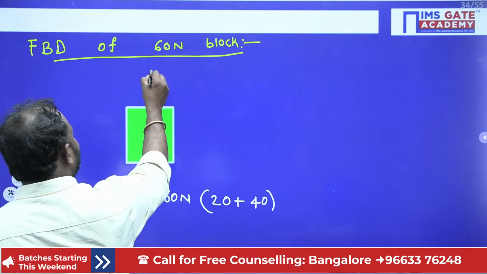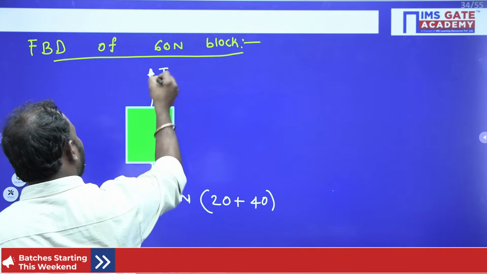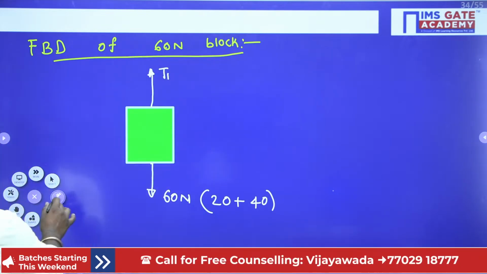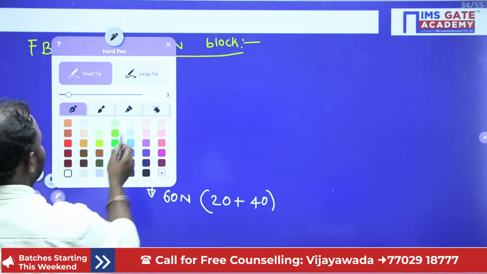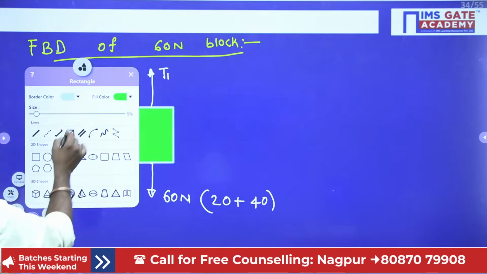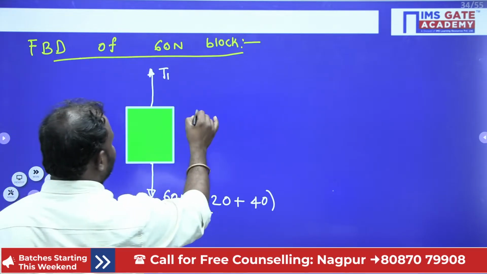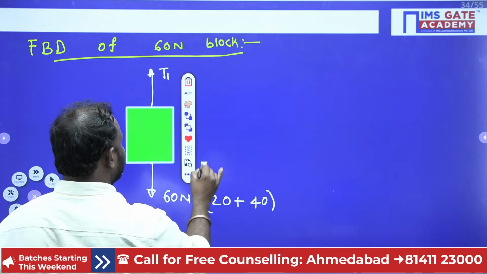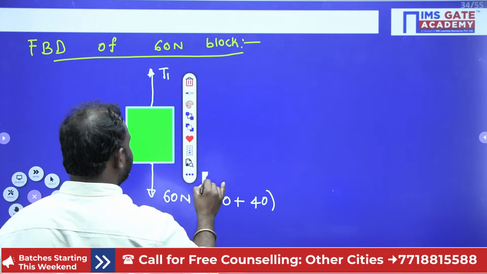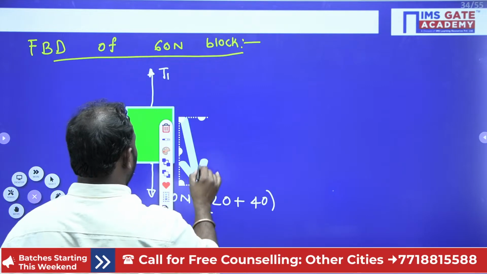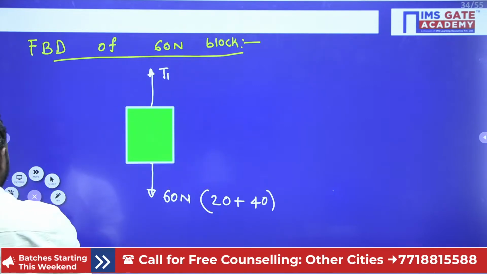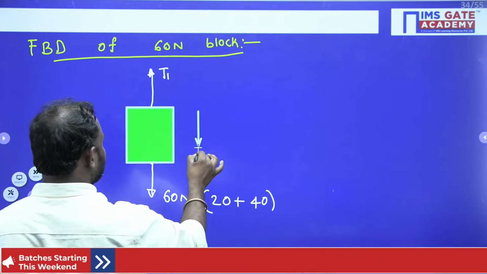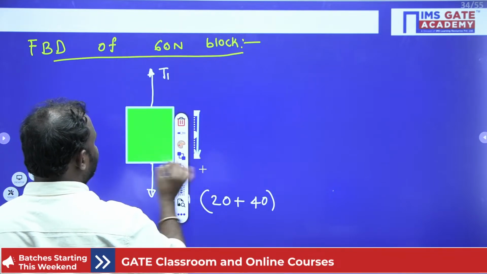Now, guys, let us move here. Tension T1 is going to be acting in string 1, upward. Now here the direction of motion is downward, right?